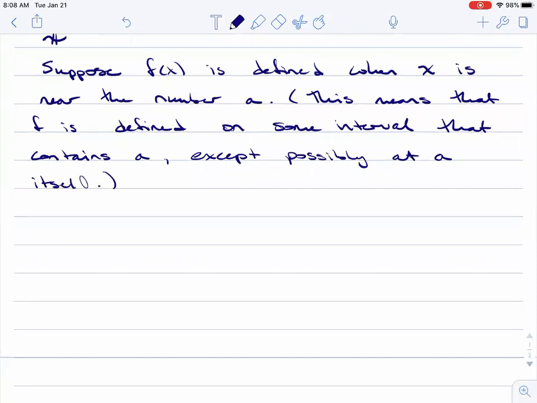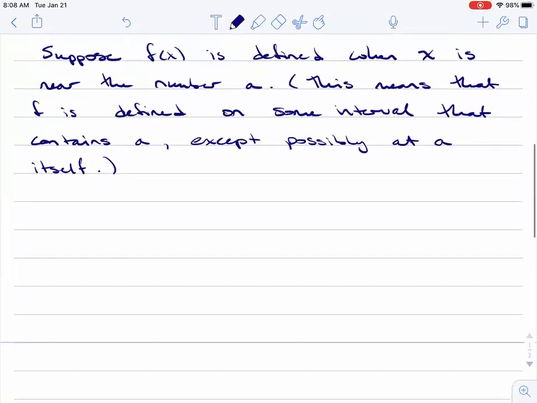Wait, I turned my f into an ellipse. Okay, so f of x is defined near a, not necessarily at a.